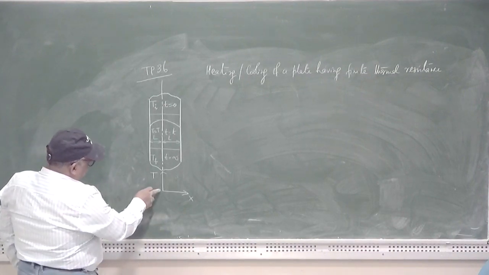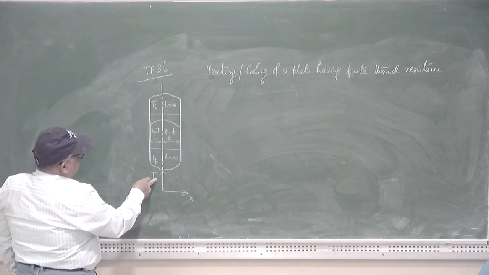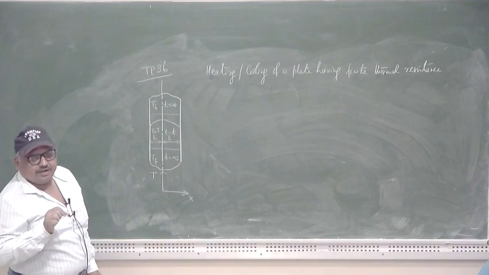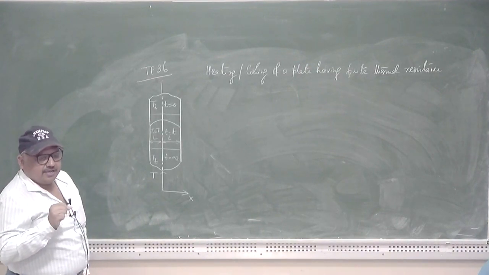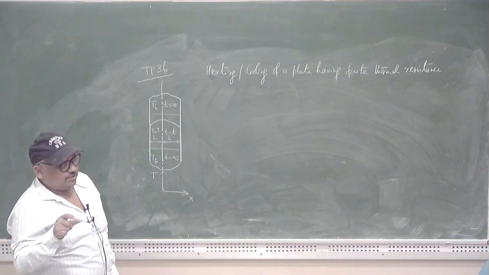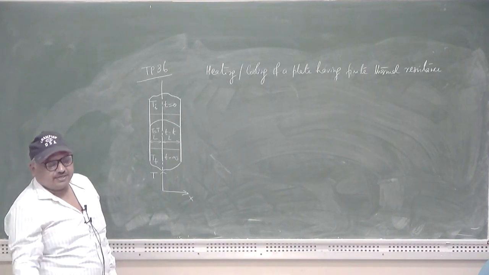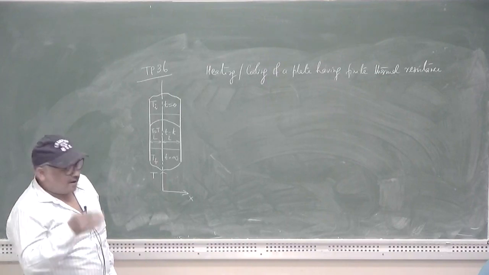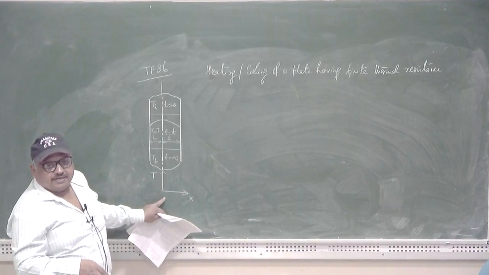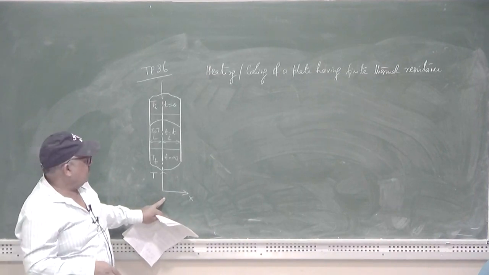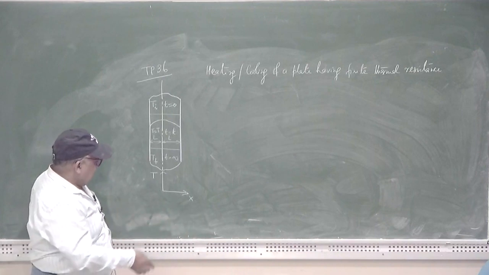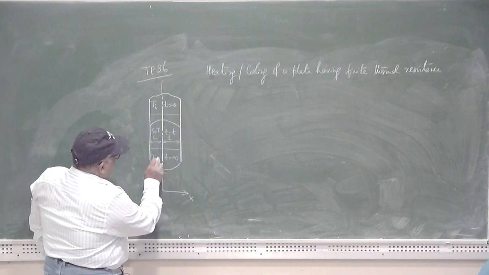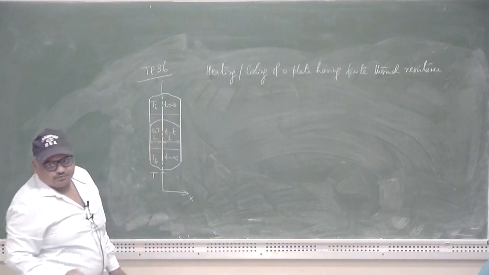The center line of the plate is chosen as the temperature axis in order to take the symmetry advantage in the temperature distribution, as I discussed for the plane wall with heat source. In that case also I chose the center line in order to take the symmetry advantage about this line, that is, x equal to 0. Here also I am choosing x equal to 0 as the center line, and I am taking this as the origin.